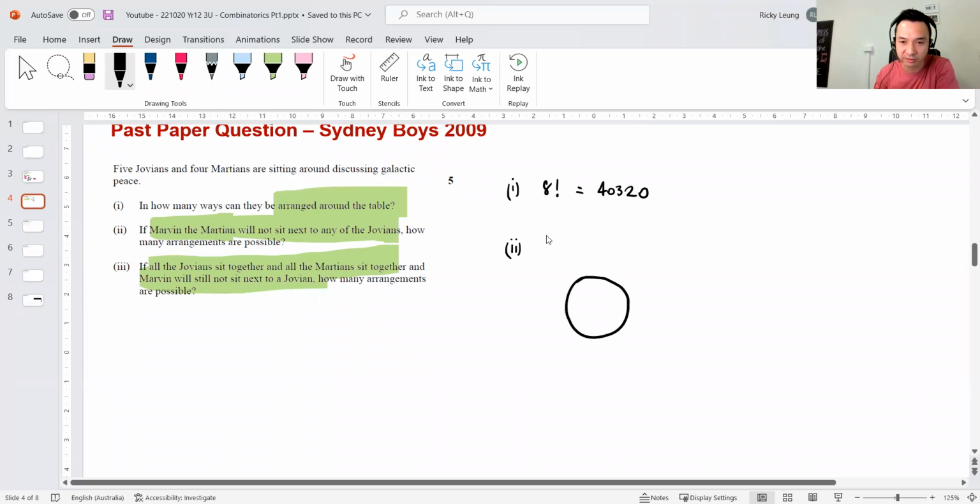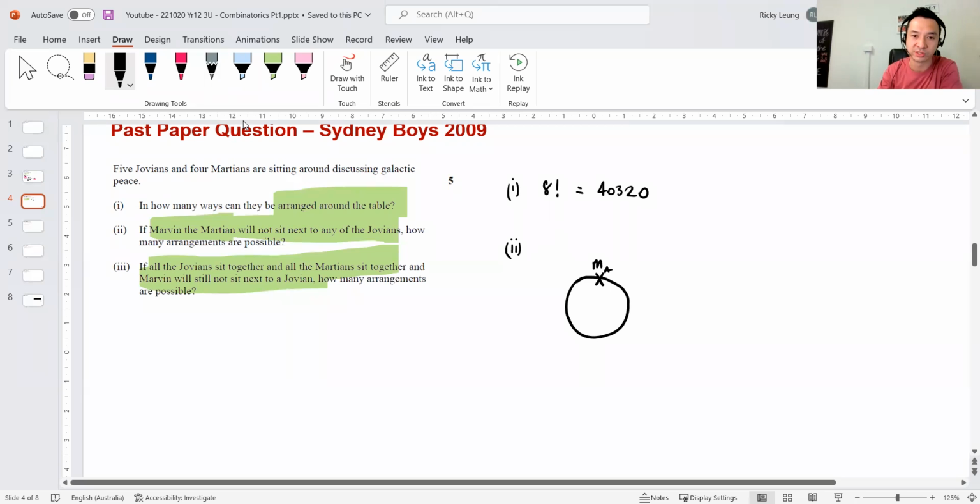So draw yourself a circle. It's good to identify Marvin the Martian, MA, right, and lock him down, right? So generally speaking, I say this to my students, if there is a person or specific object that they're talking about, that's the one you lock down in a circle, right? Now, he will not sit next to Jovians.